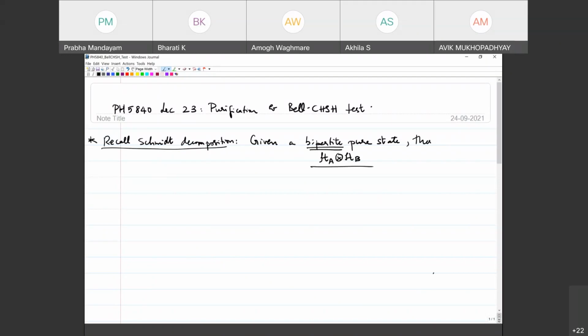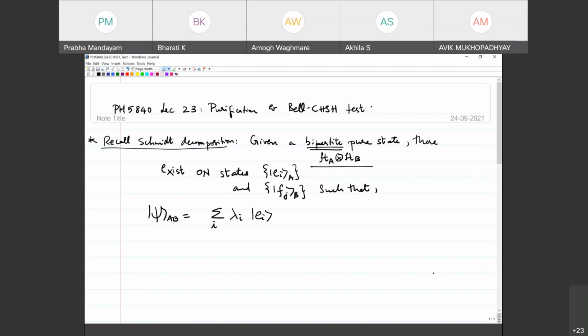There exist orthonormal states, and I think I call them e_i, and f_j, so they belong to A and B respectively, such that psi AB can be written as the sum over i of lambda_i e_i f_i, right?